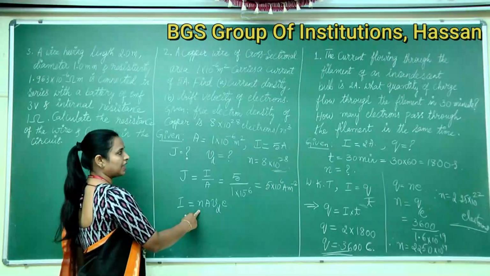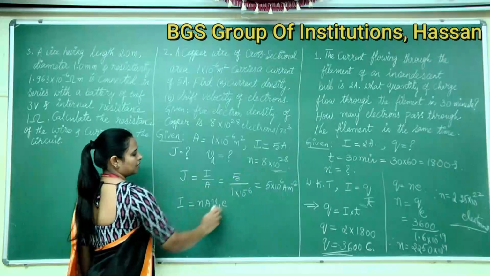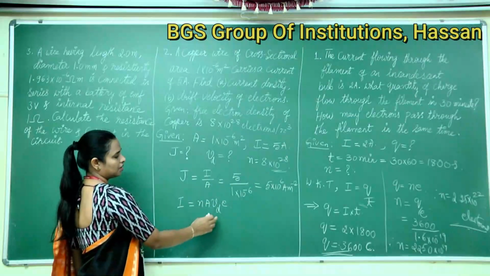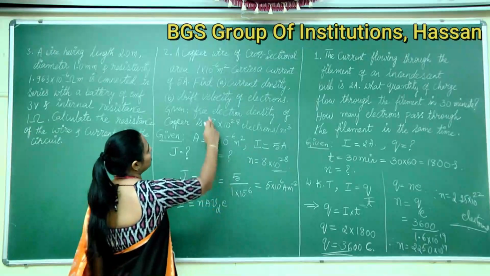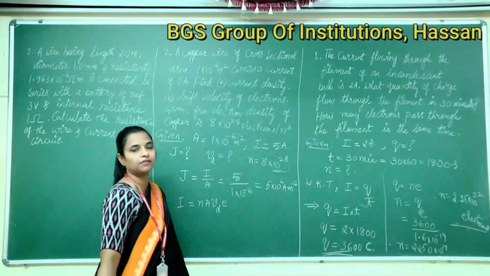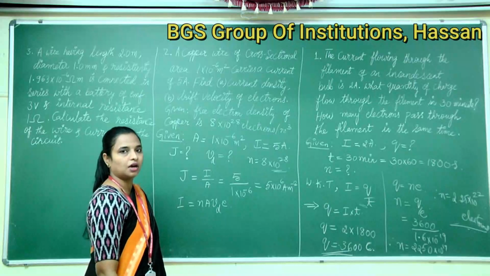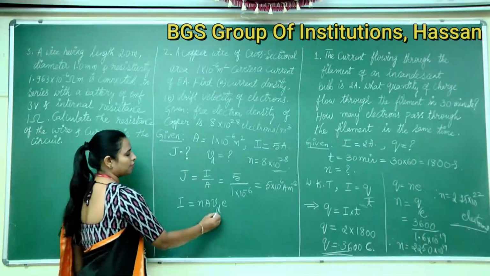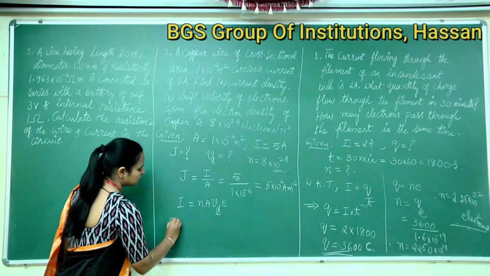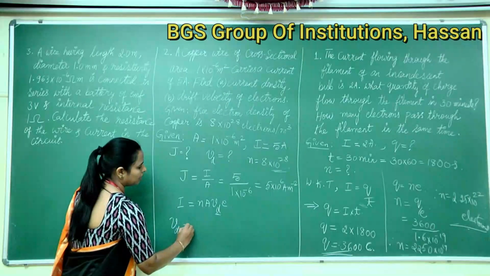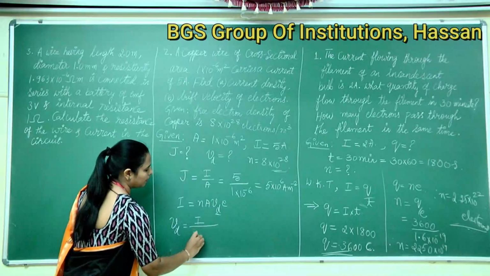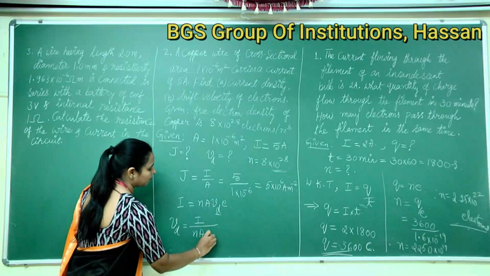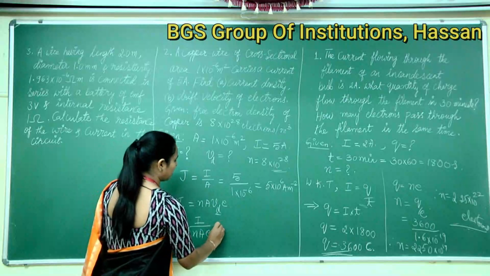N they have given, A they have given, then e also we know, because it is an electron and we know the charge of an electron. Now we have to calculate this vd. Solve for vd. vd is equal to I divided by nAe. Now substitute the value.